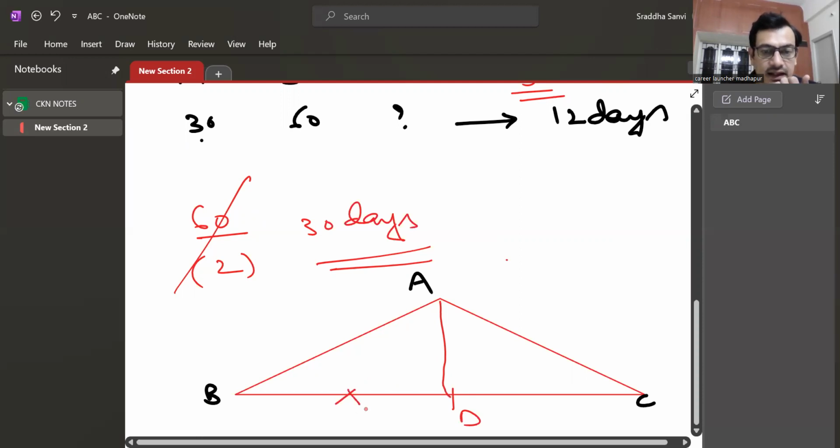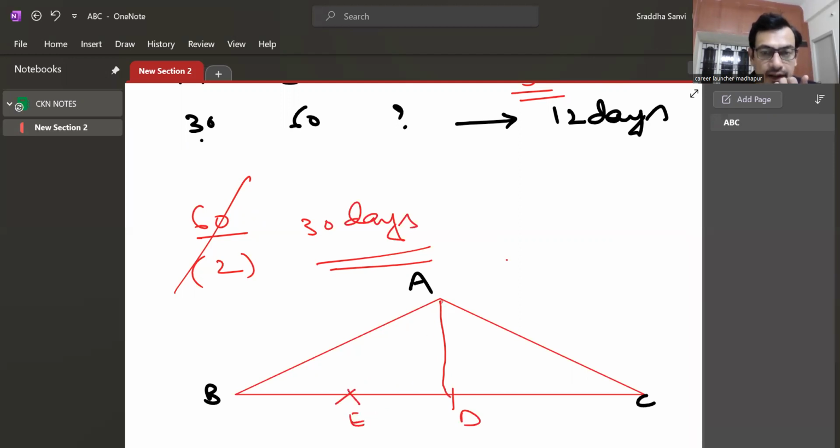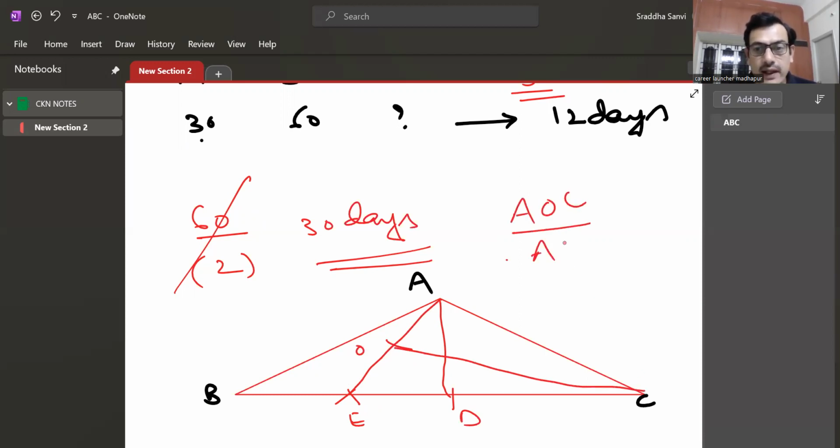E is the midpoint of BD. Then O is the midpoint of AE. We are asked to find the ratio of AOC area to ABC area. This is the question they gave.